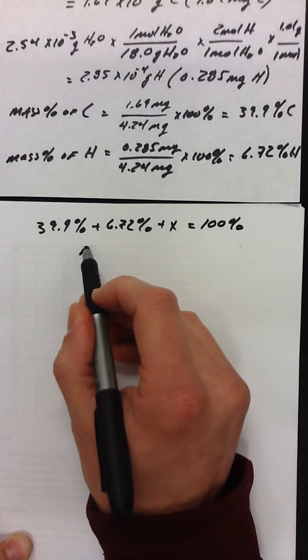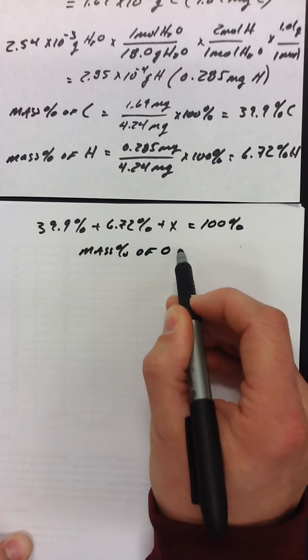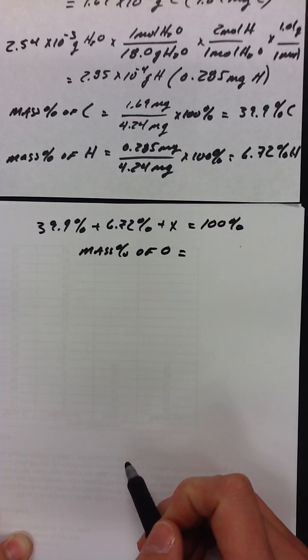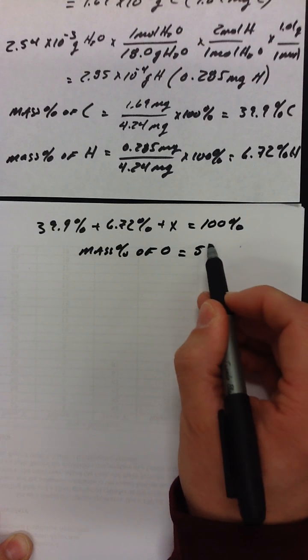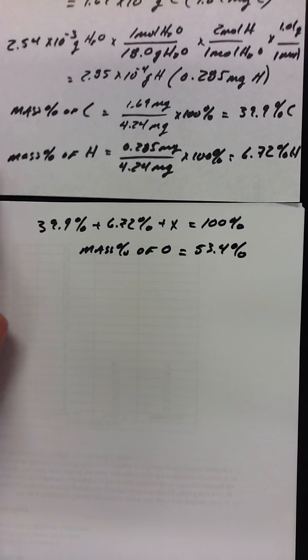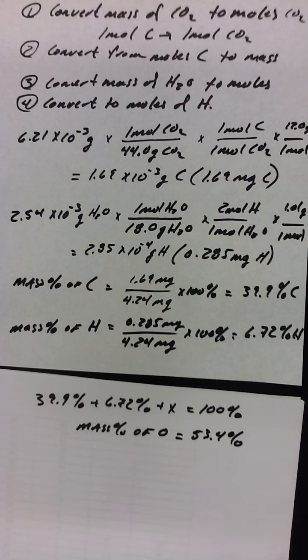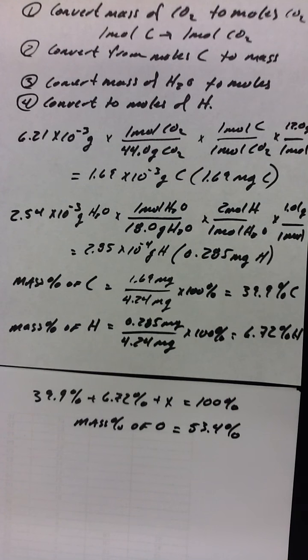Solving for x, we should have a mass percent of oxygen equal to 53.4%. And once again, this is how we calculate the mass percent given a combustion reaction.